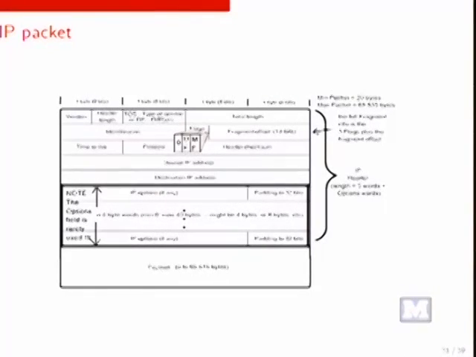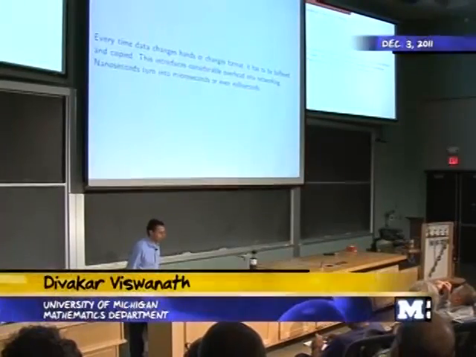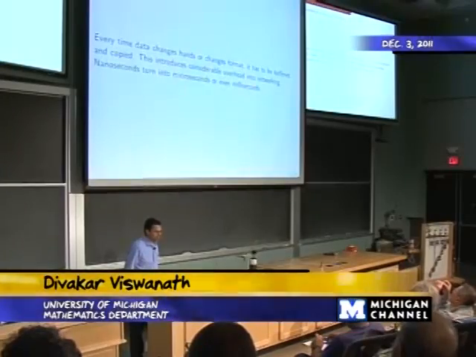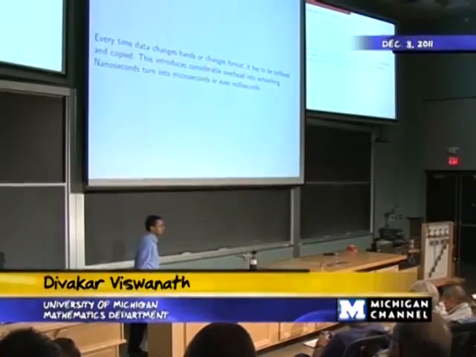And you can see this in the IP packet. So one of the things that happens in networks because of flow control, error correction and detection, and then you have packetized protocol.